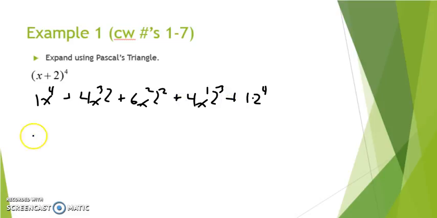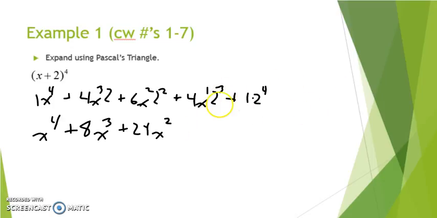Instead of writing 1x to the fourth, that's just x to the fourth power. But on the next one, I have 4 times 2, which is 8 x to the third power. In the next one, I have 2 squared, which is 4. And I'm going to multiply that by the 6. These are in the same term. So 4 times 6, and that's x squared.